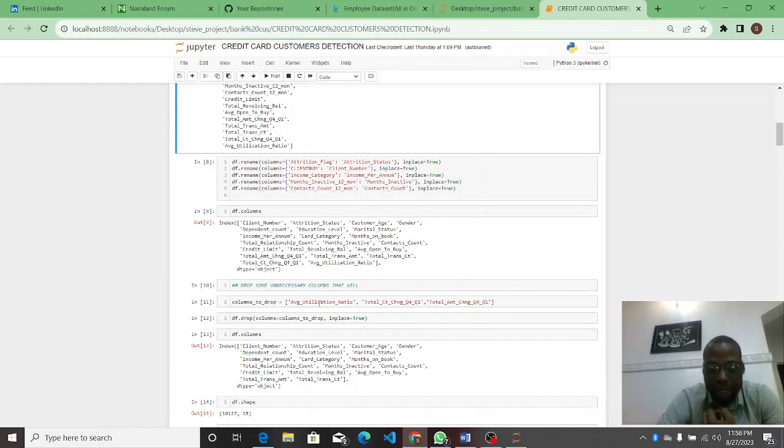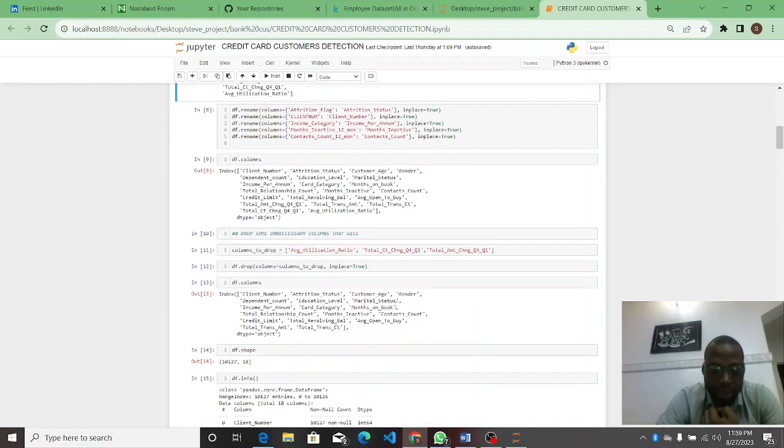Columns like the average utilization ratio, the total count change quarter 4 to quarter 1, the total amount change quarter 4 to quarter 1. These columns are not really going to be pointing to any direction. So the best thing to do is just to drop them and make do with the necessary ones, and that is exactly what I did.